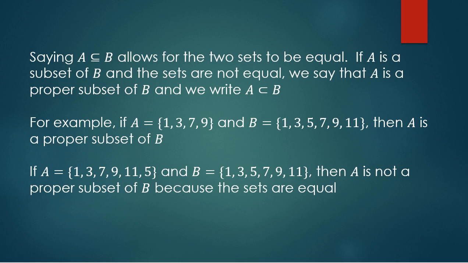Again, to be a proper subset, every element of A has to be an element of B, and there have to be elements of B that are not in the set A. Yes, every element in A is an element of B, but the same elements are in the two sets. So the sets are equal, so it's not a proper subset here.